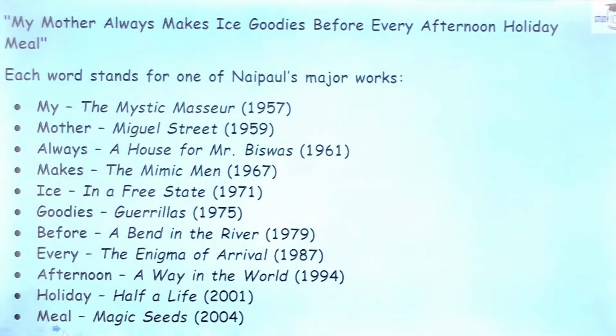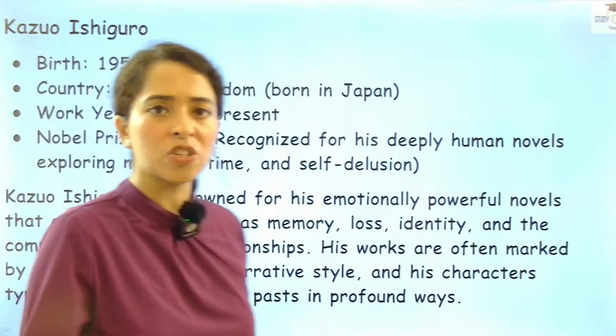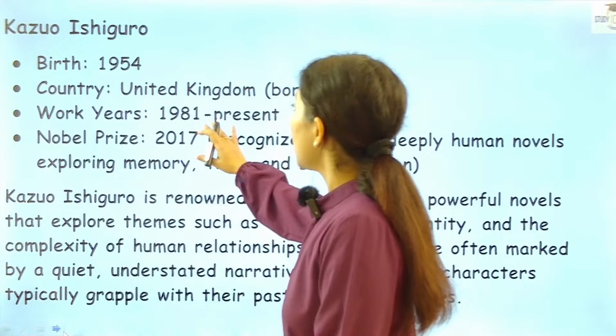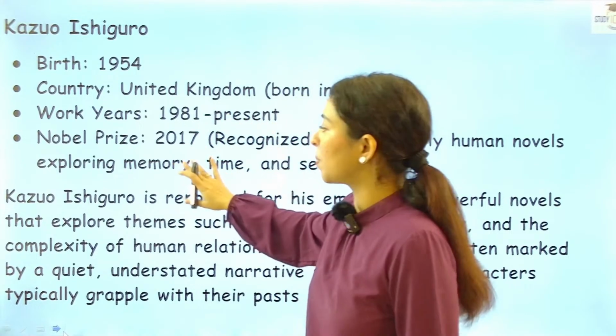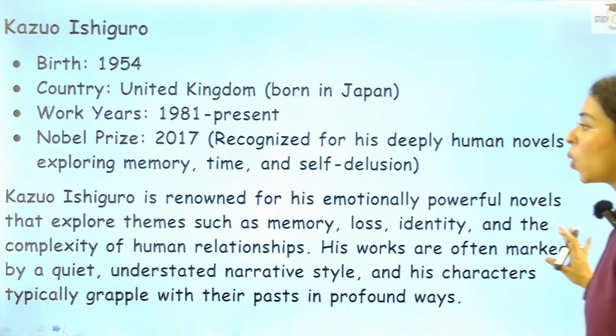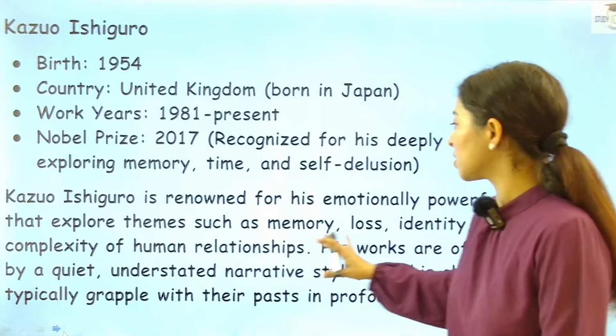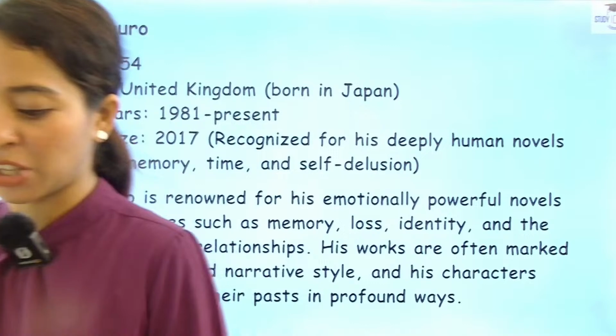All right. Next you have is Kazuo Ishiguro, very important. He was born in Japan, a Japanese writer, but he lives in the UK. In 2017, very lately, he won the prize. Kazuo Ishiguro is renowned for emotionally powerful novels that explore themes such as memory, loss, identity, and the complexity of human relationships.